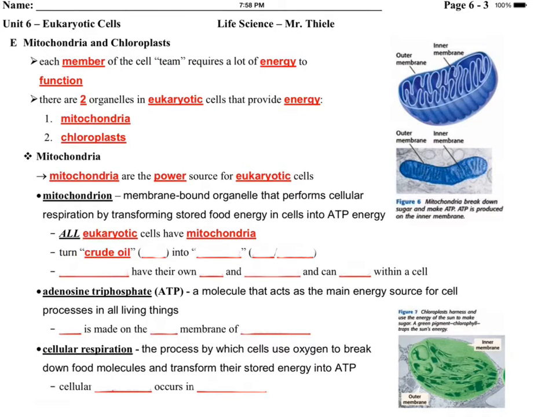Basically what they do is they turn crude oil, and this is a really good analogy for the food that we eat. If you go out on an oil rig or someone's drilling for oil, and you may have seen it in a movie, you see this black oil that comes up when someone strikes oil.